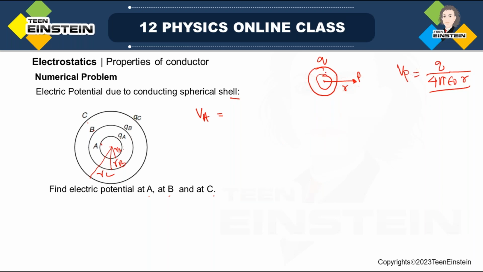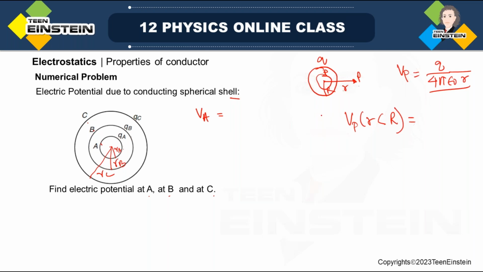But what about this point? Suppose I have to calculate electric potential at this point P. So this is a point P now. And see, this has radius, suppose capital R. The cell has radius capital R, and I have to calculate potential Vp at any point inside. Then what will be the potential? As I said just few minutes back, that for a spherical cell, there is no charge inside, so there will be no electric field inside the conductor.